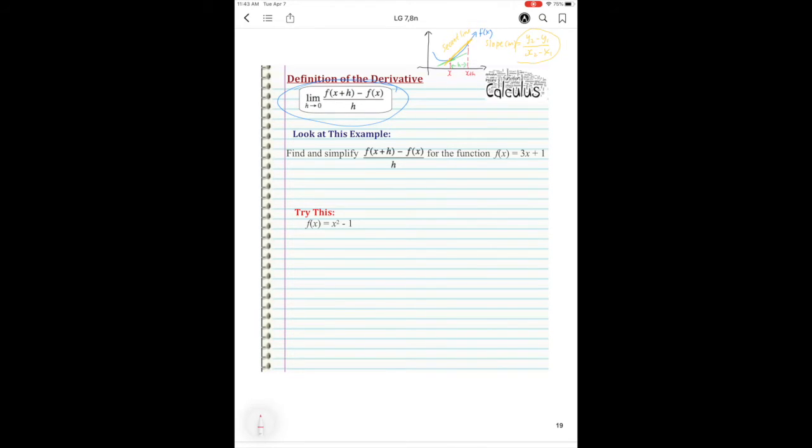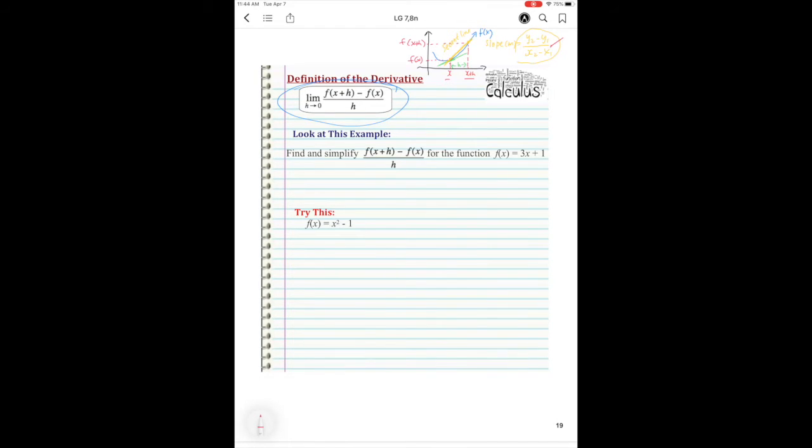Now, we know if those are the 2 x coordinates, the y coordinates, we come this way of that point, is f of x. And this one right here, if we come across, is going to be f of x plus h. Okay? So now we can use this formula because we know what y2, y1, and all those things are.